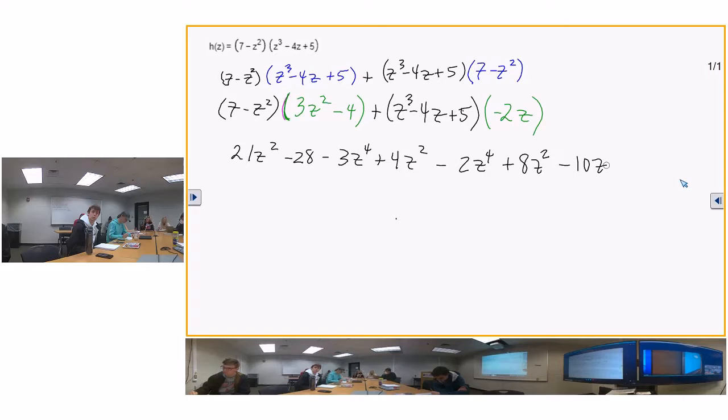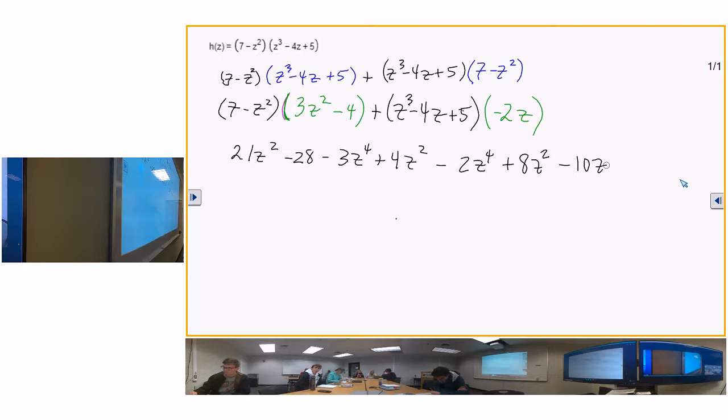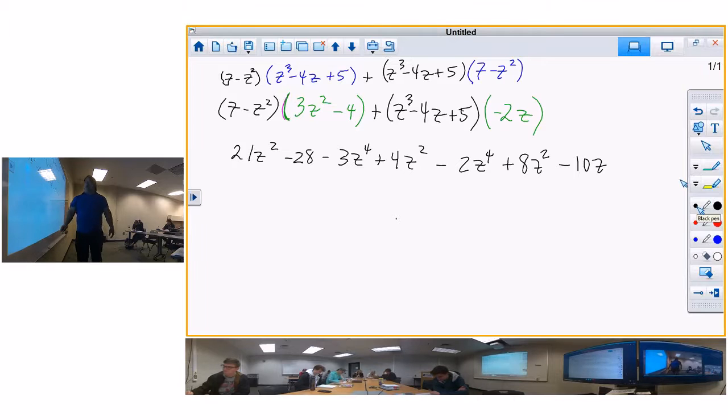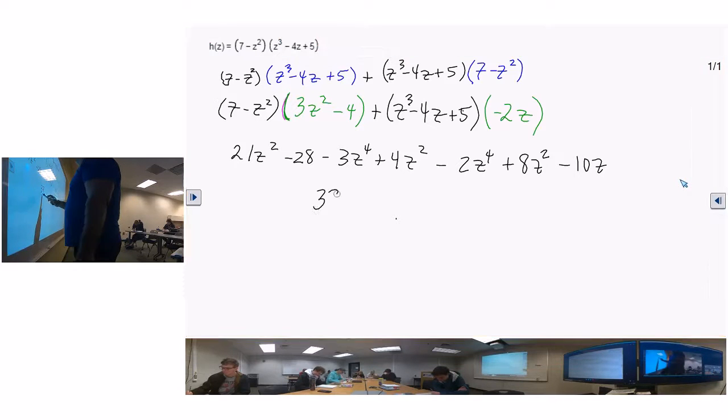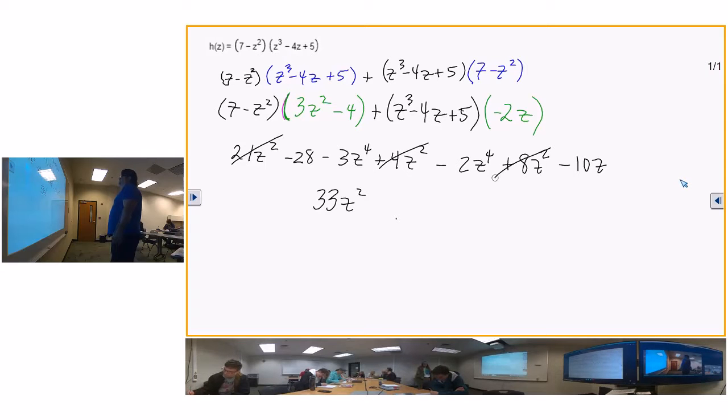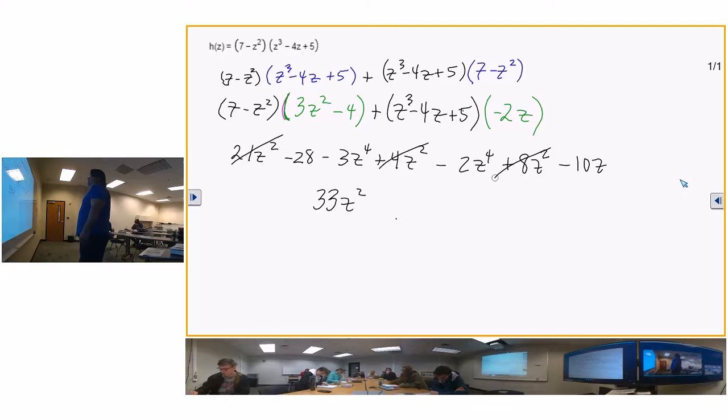21 plus 4 is 25. 25 plus 8 is what? I have no idea. 33? Yeah, 33z squared. Oh, that's 10z, sorry. I don't see another z, so I'll go ahead and write that 10z down.